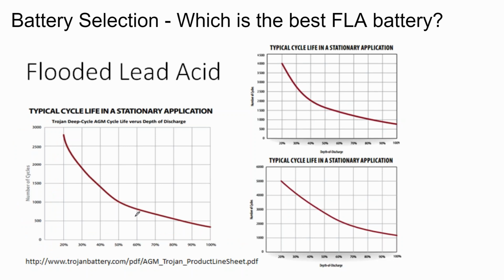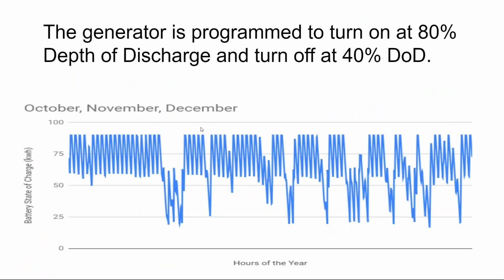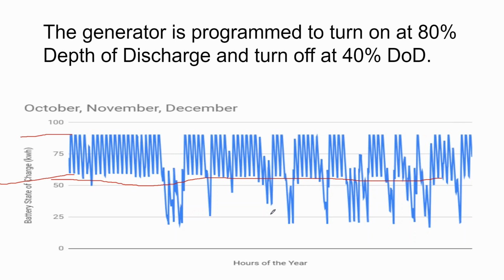And so the way you would use this is you go back to your graph, and you'd say, okay, I am typically, not always, but typically going from, let's call that a 90 kilowatt hour battery bank down to a 60.